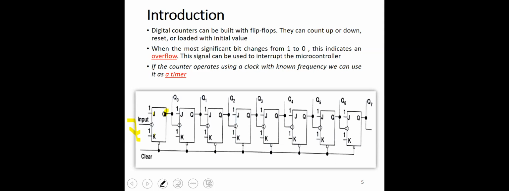So if the stored value is 0, then upon the arrival of the falling edge, Q will become 1. And if the stored value is 1, when the falling edge or the negative edge is observed on the input, then the 1 becomes a 0. This operation we call toggle, and it happens when both J and K are 1 by the time the edge arrives.